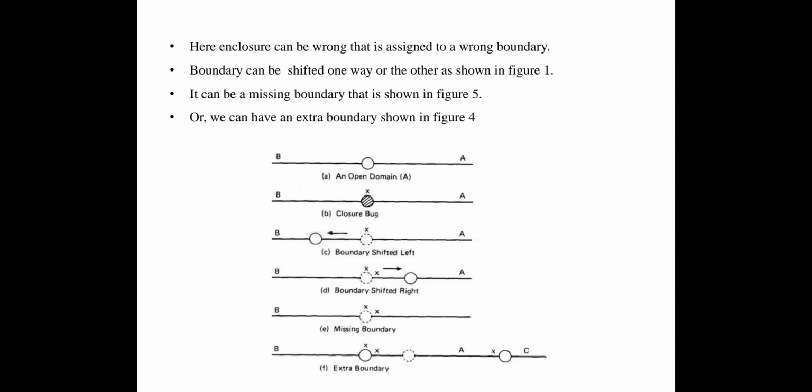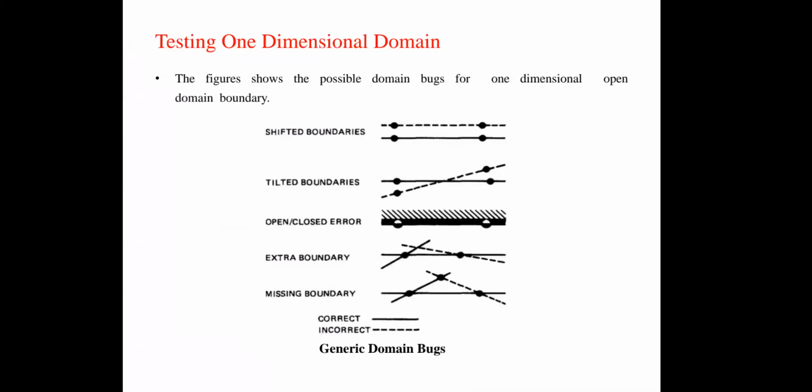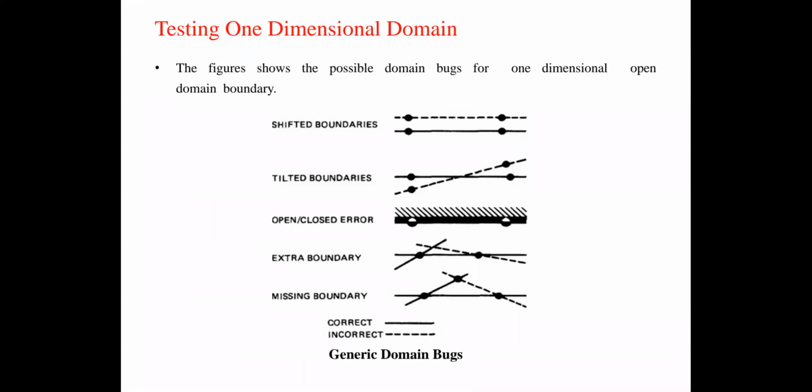Okay. Next, a boundary can be missed or we can have an extra boundary. See, extra boundary: actually we need to have a boundary, but in the place of the proper boundary, it is represented by an incomplete boundary. That boundary is not actually needed, but it is represented according to your boundary.